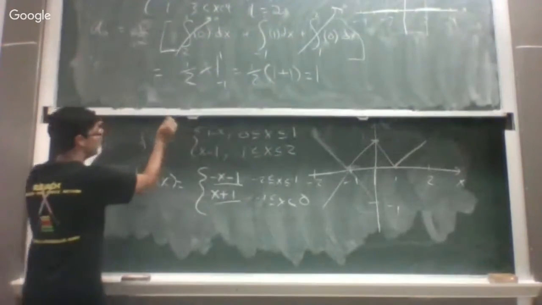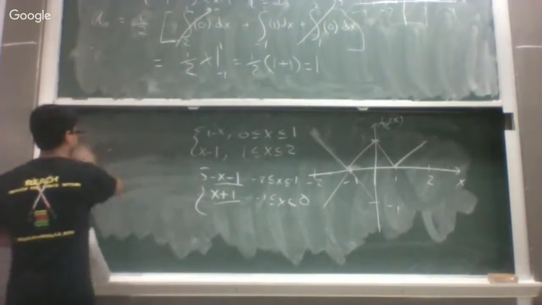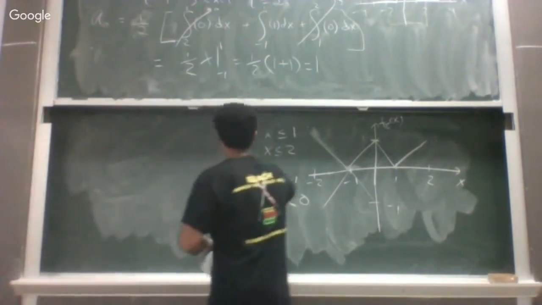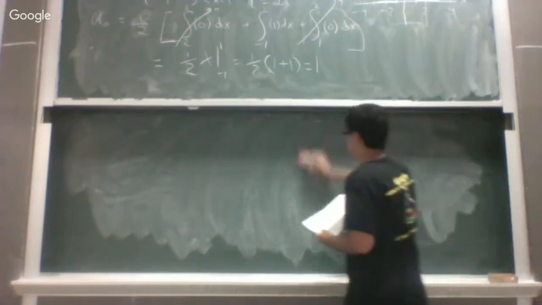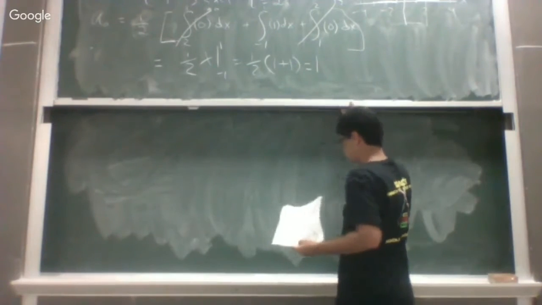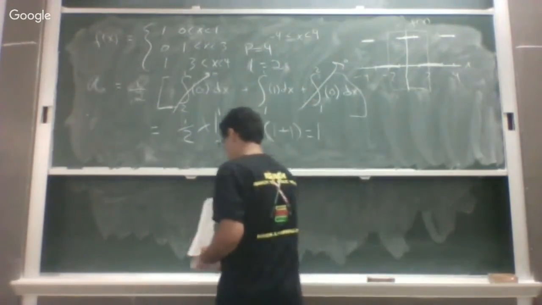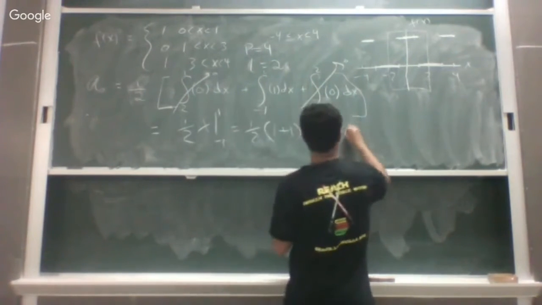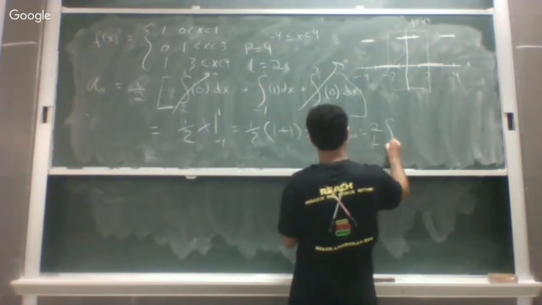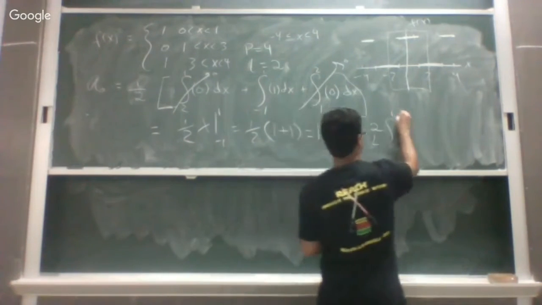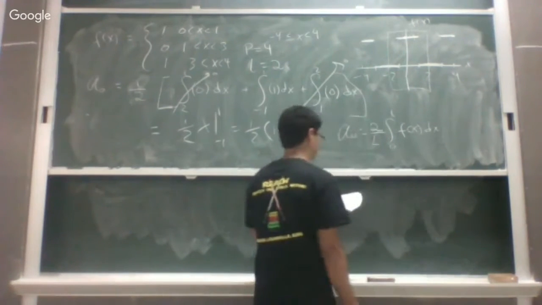So they multiplied 1 over L to all the other parts. Or I'll just write it. Or we could have A sub naught equal to 2 over L, going from 0 to L of f of x dx, right?